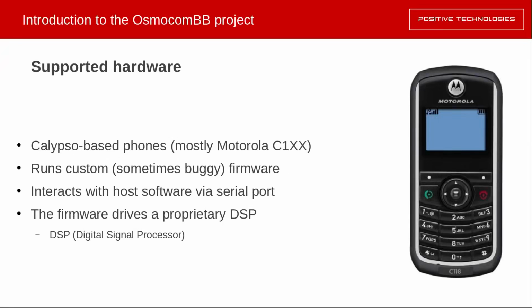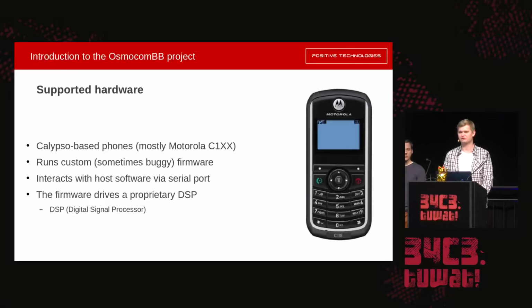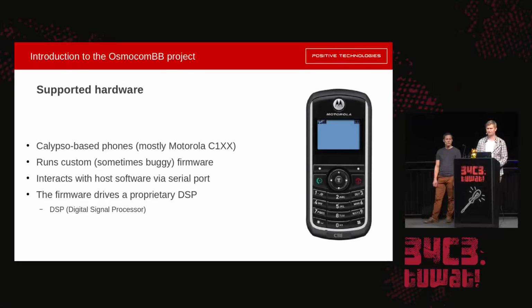A few years ago, there were a few leaks of TI Calypso source code and documentation, and these allowed Osmocom researchers to reverse engineer the firmware of some old Motorola phones. So the primary hardware for Osmocom BB is mostly Calypso-based phones, mostly Motorola C1 and the like.